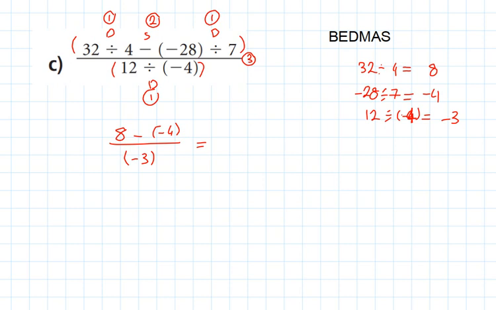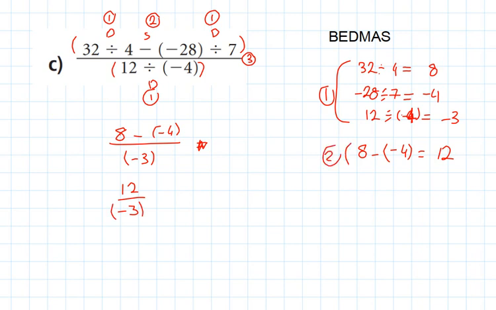Next we have our subtraction. So 8 minus negative 4 is 12. So we have 12 over negative 3. That's our second step.